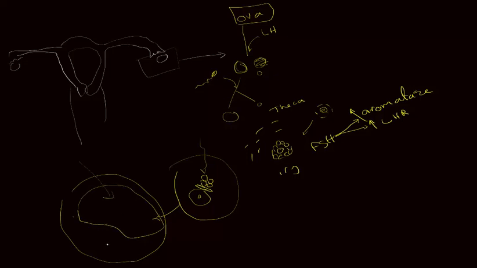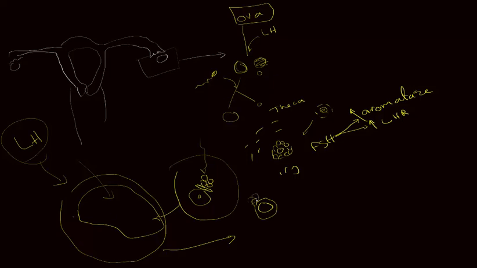So this is the antral follicle, and it will keep growing and become the Graafian follicle, and that is the one that bursts under the effect of the LH surge, and we'll talk about the hormones in a second. It leaves behind two things: the unfertilized egg, which, because it was already exposed to the LH surge, is in the second meiotic arrest, having already committed the first act of meiosis and now just waiting for the sperm to commit the second act of meiosis, and it's surrounded by the zona pellucida.